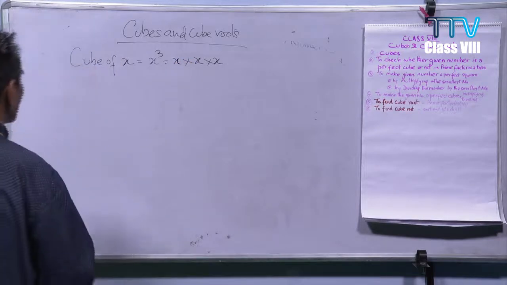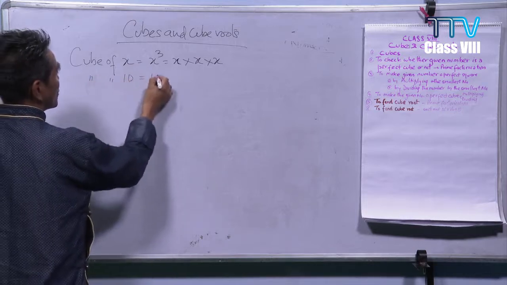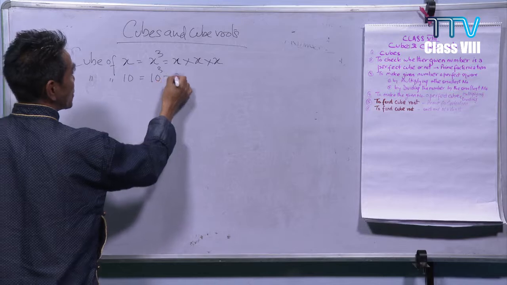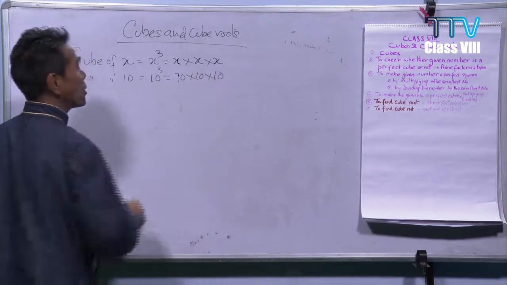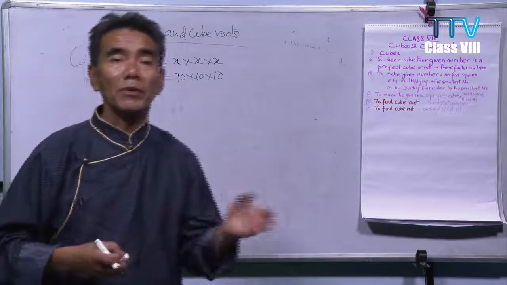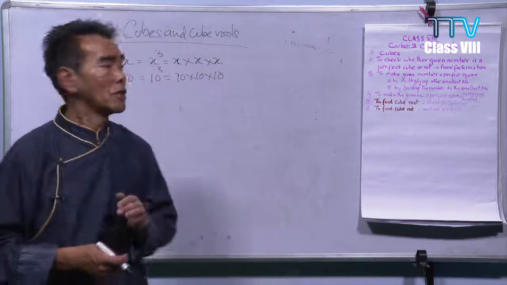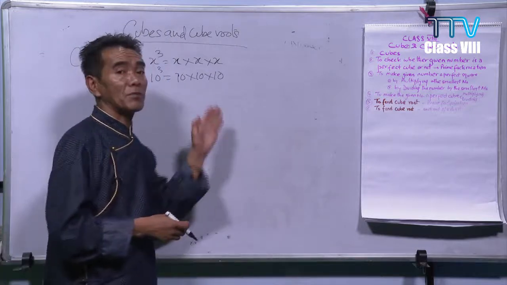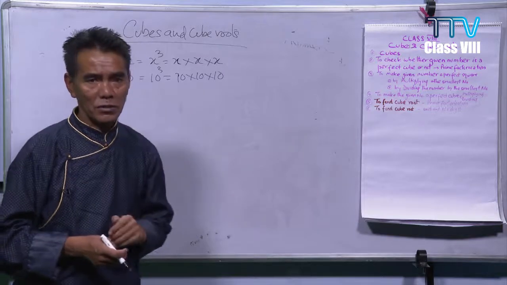So if I ask the cube of 10, it means 10 raised to power 3, and this means 10 multiplied by 10 multiplied by 10. Square of 10 is 10 multiplied by 10. A cube of 10 is 10 multiplied by 10 multiplied by 10.